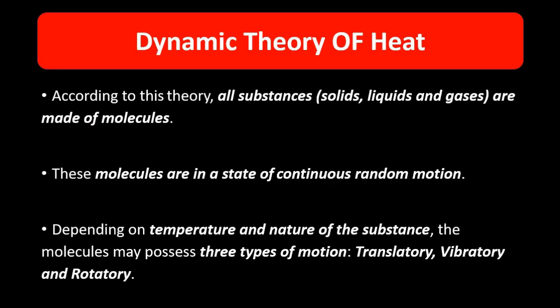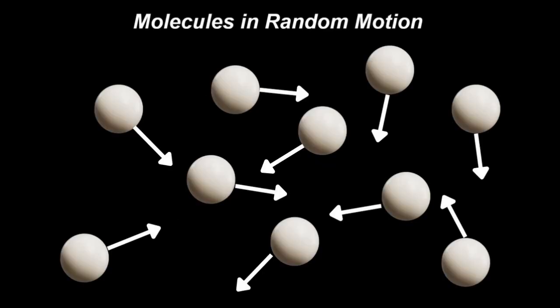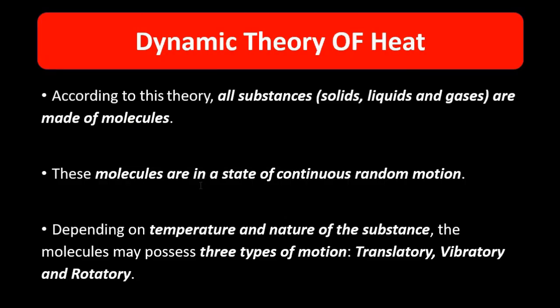According to the dynamic theory of heat, all substances, solids, liquids and gases, are made up of molecules. Let's say we have any object. Here I've taken a cube for simple analysis. It is made up of molecules, and these molecules are always in continuous random motion in every direction possible.